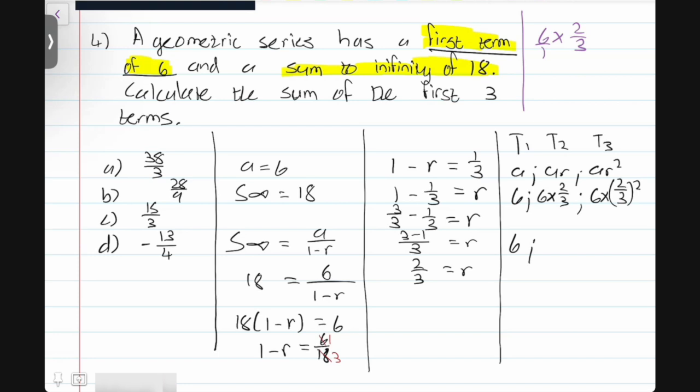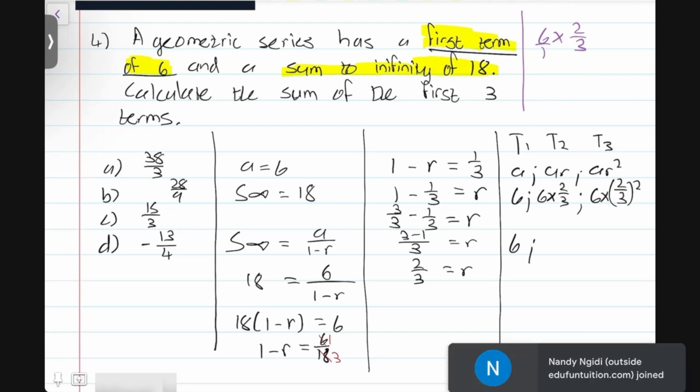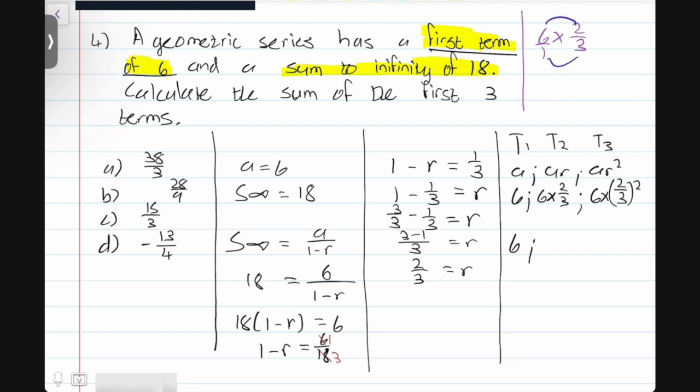It's numerator times numerator, denominator times denominator. So it's simply 6 times 2 over 1 times 3. 6 times 2 is 12, divided by 3. And the same concept for the next piece. The next piece is going to be 4 over 9. So here, this is going to be 6.